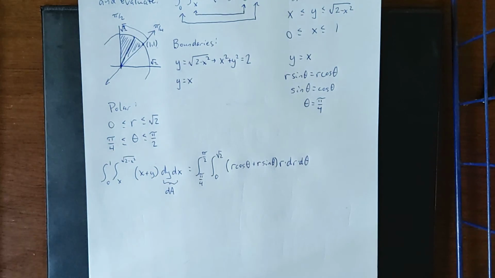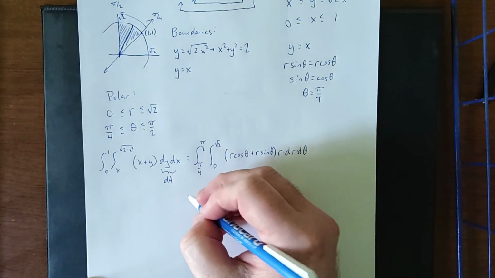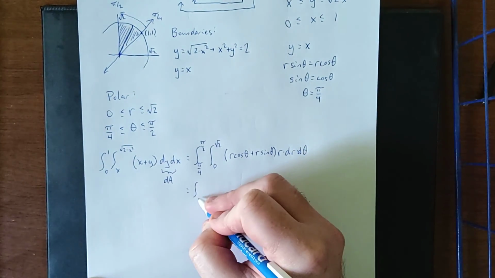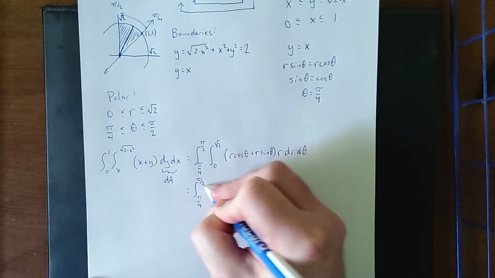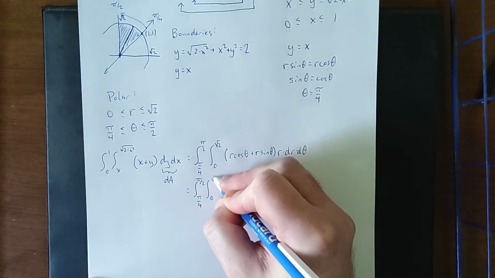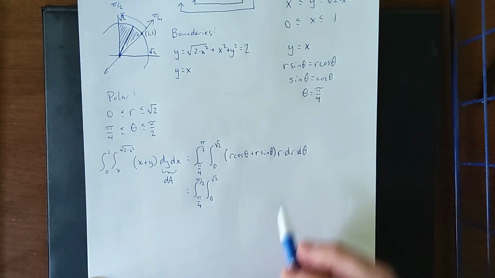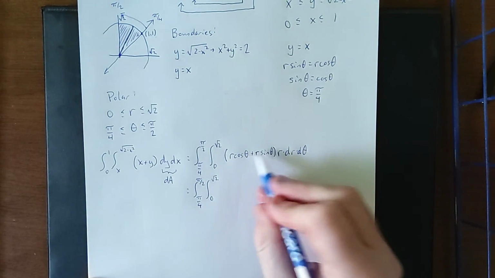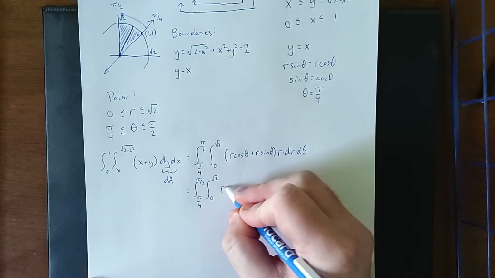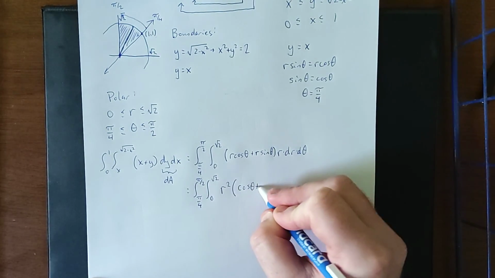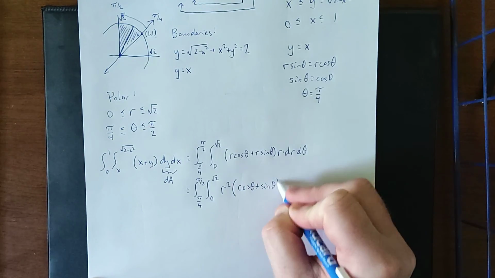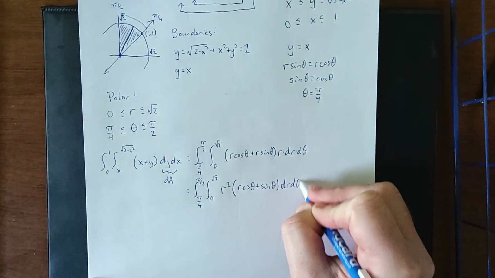Once in this form, it is possible to factor our integrand into a function of r times a function of theta. So if we were to distribute the r through, we would have an r squared on both of these terms. Factoring that out would leave us with r squared times cosine of theta plus sine of theta, dr d theta.